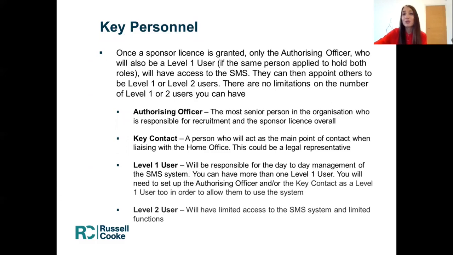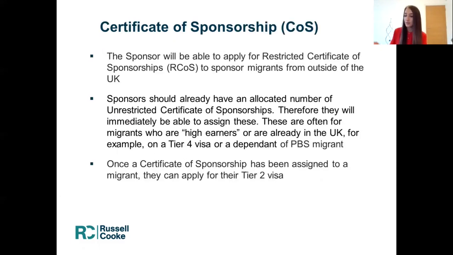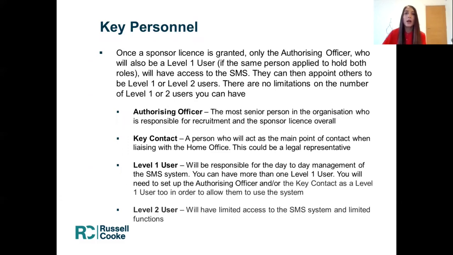Now, as I keep going through the term key personnel, I'm assuming you all want to know exactly who the key personnel are. Well, once a sponsor licence is granted, only the authorising officer, who usually is also the level 1 user, will have access to the SMS. They can appoint others to be the level 1 or level 2 user, and there's no real limitation on the number of level 1 or level 2 users you can have.